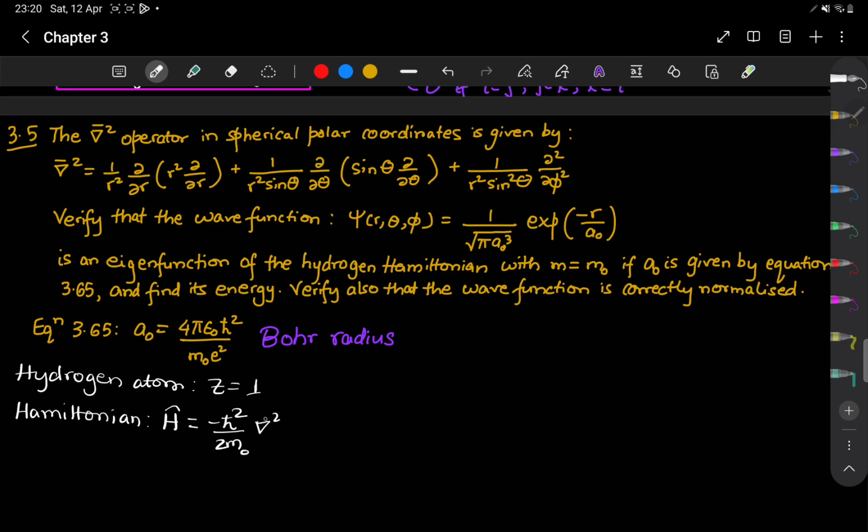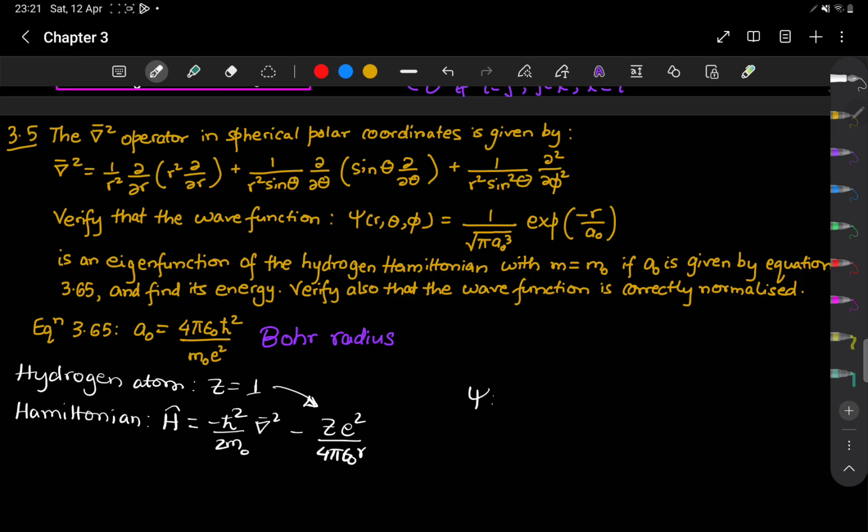This is the grad squared operator. So this is the Hamiltonian, and here Z equal to 1. So this will become 1.